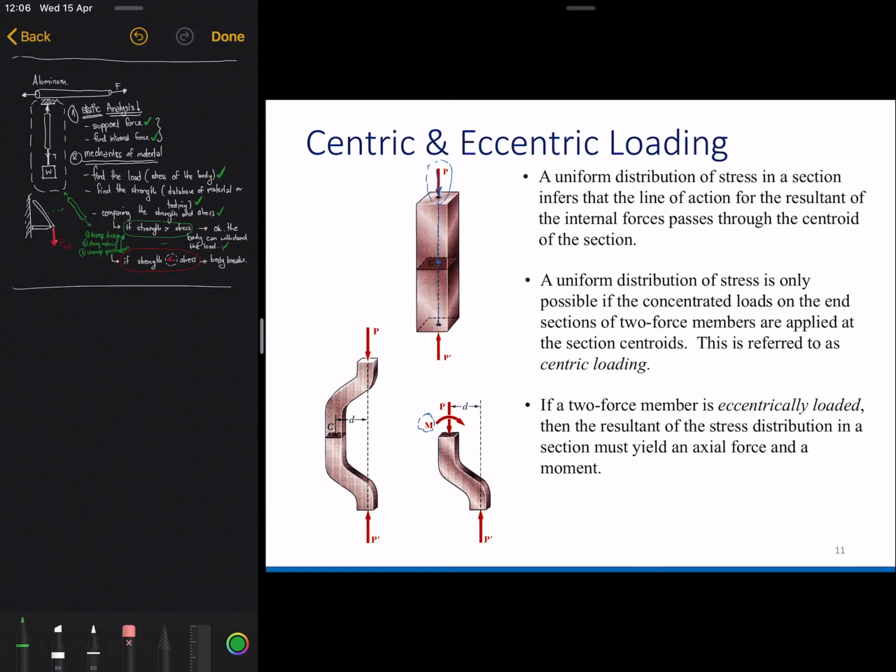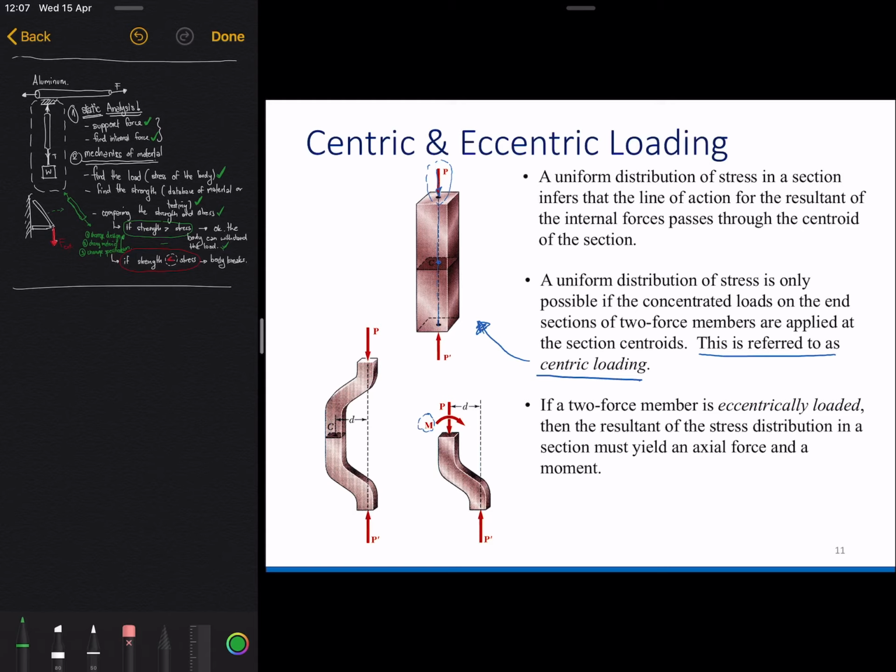Do you remember how to find the centroid? I think you still remember from the chapter, I think chapter 6 or 7, where we find the centroid of bodies. And this is what we call the centric loading here. Okay, if the load passes through the centroid.